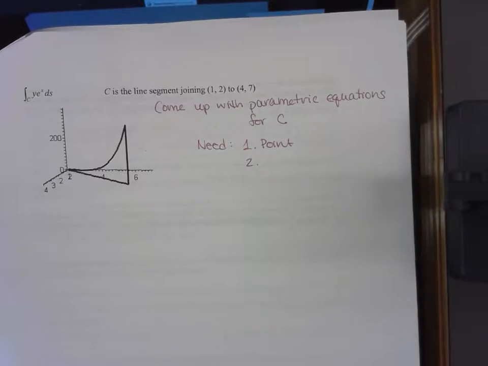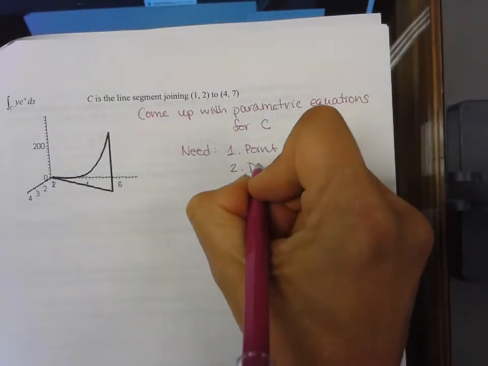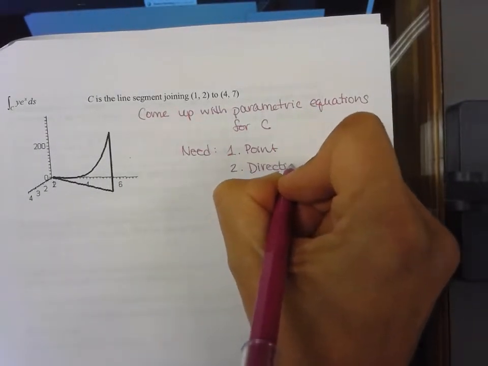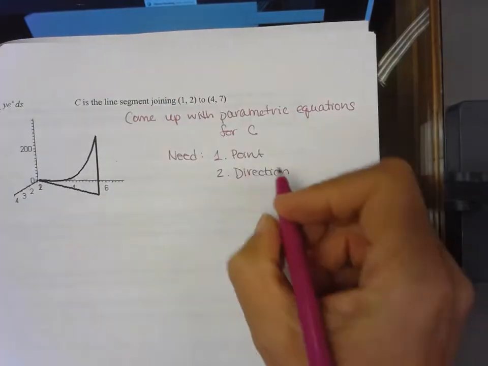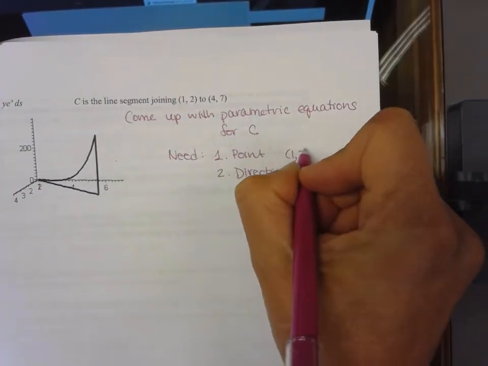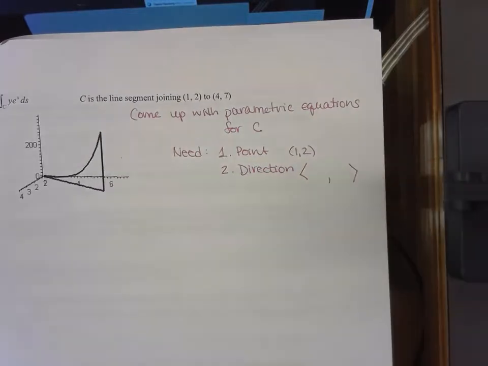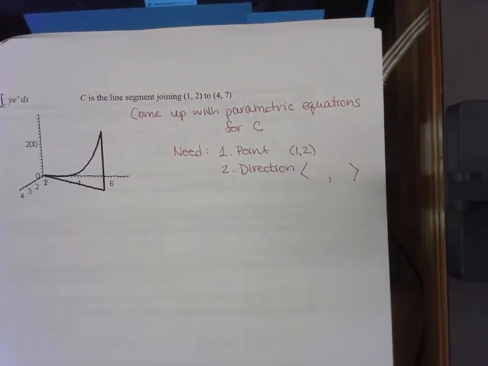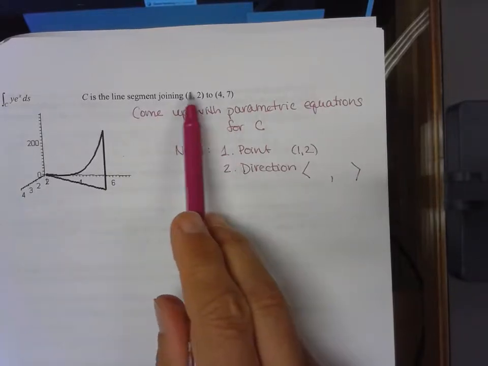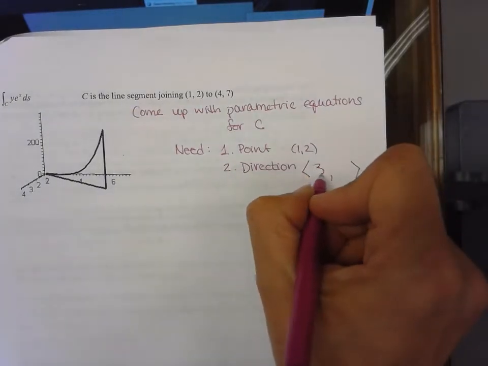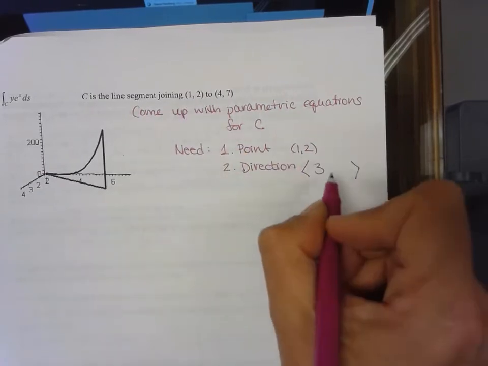We just call it direction. So our point, we're going to use the starting point, which is (1, 2). How do we figure out the direction of the vector? Ending minus starting, right? So 4 minus 1 is 3, and 7 minus 2 is 5.